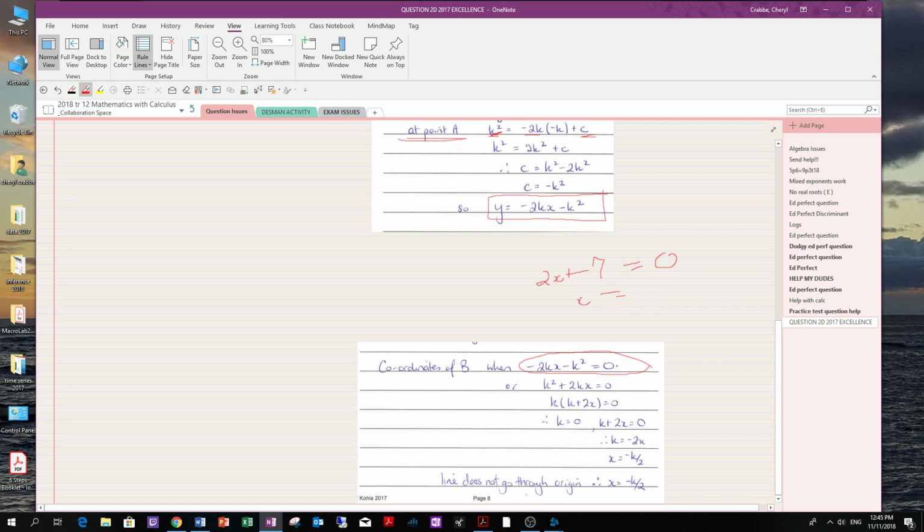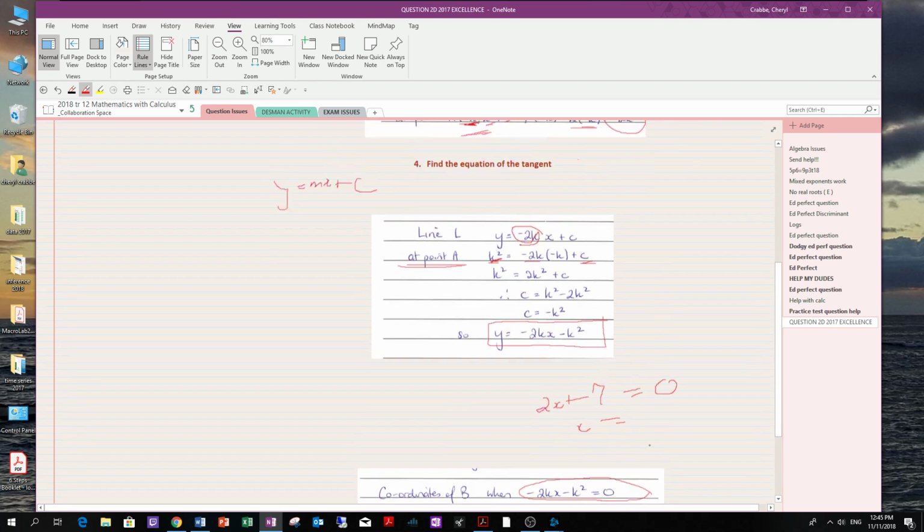It'd be like having 2x plus 7 is equal to 0, and solving for that, and you would get your x equals, when y is 0. So we're just basically finding the x-intercept. So we get that equals 0, and you can turn it positive if you want. Move everything over to the other side, and you'll get k squared plus 2kx equals 0. You factor out the k. You get k is 0, and k plus 2x is 0, so k is equal to negative 2x.